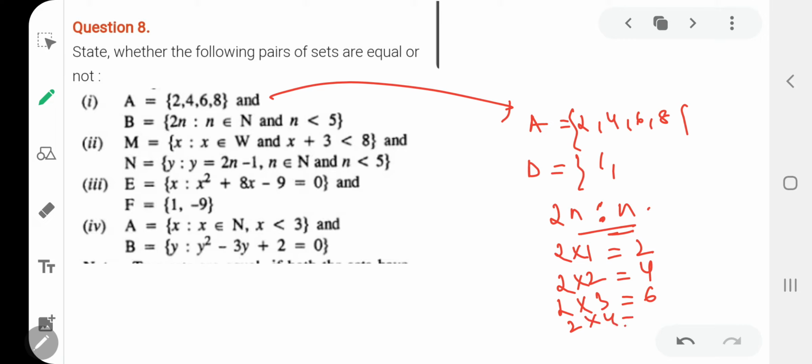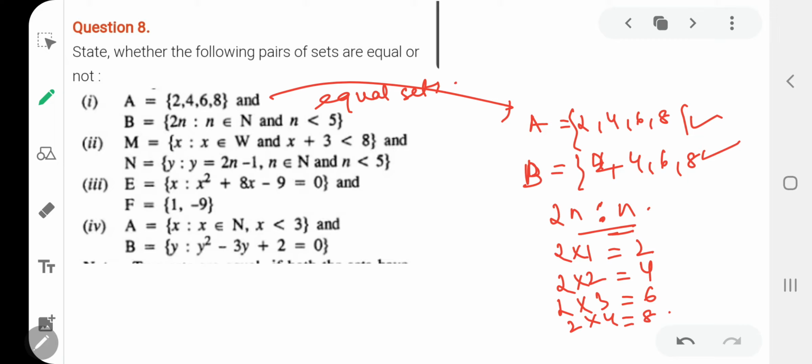And 2 into 4 you will take 8. So you got the elements of B also: 2, 4, 6, 8. That means these are equal sets. So you will write here equal sets.